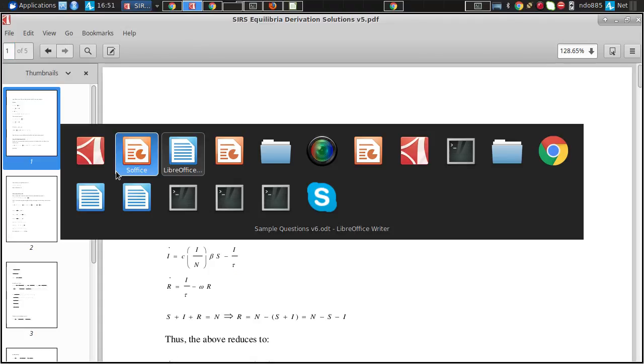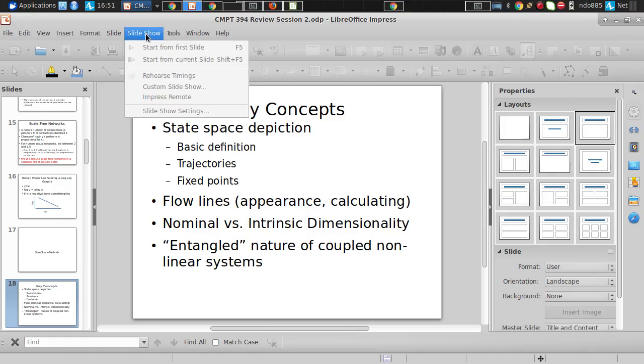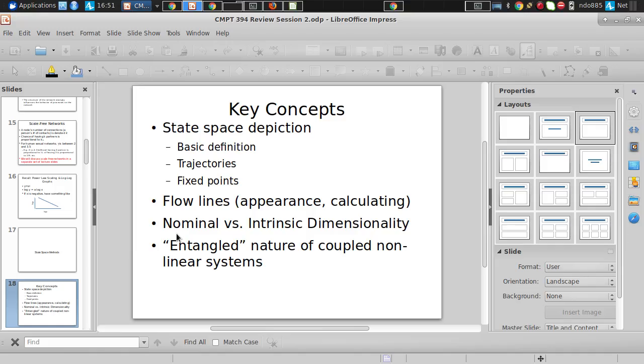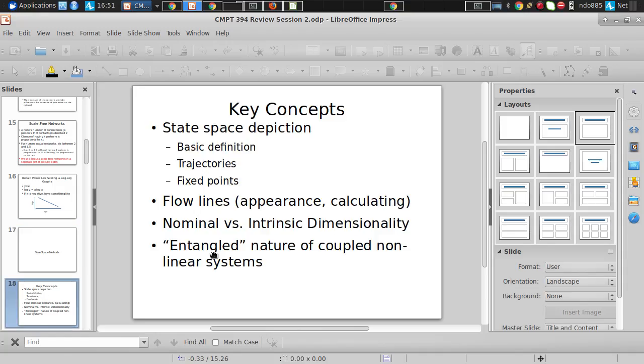Now, there was one other thing related to this that I wanted to just mention. I gave this lecture on this portion, but the entangled nature of this. The idea here is that within these nonlinear models, data from one type of observation about the model can sometimes even clue you in to the nature of that state space.